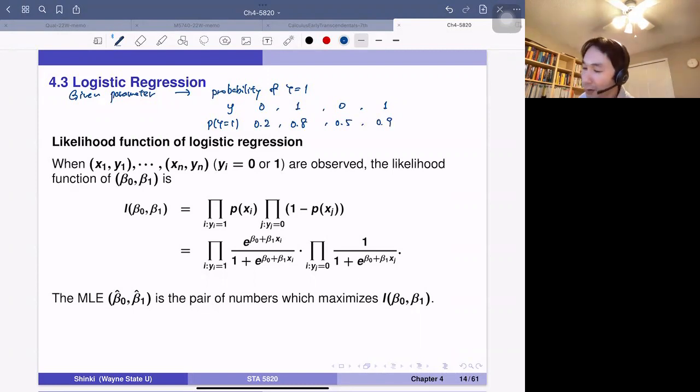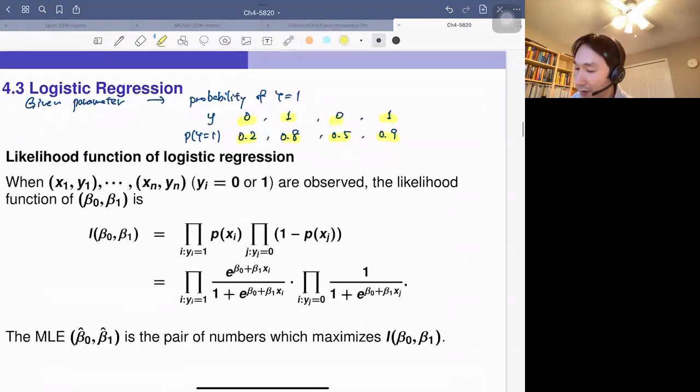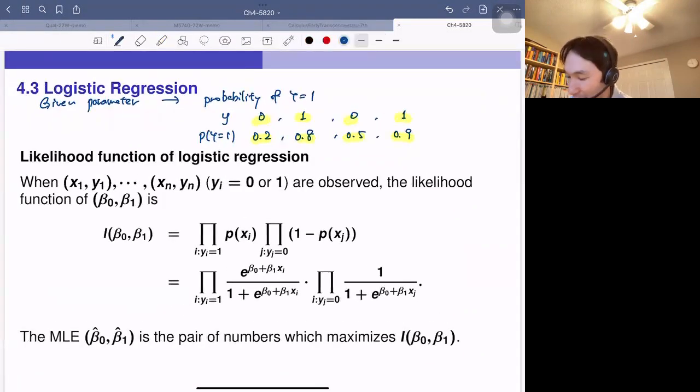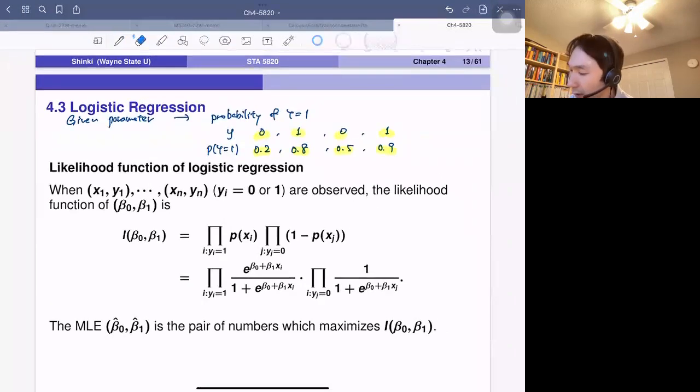This is a reasonable model because when the probability is higher, Y is actually 1, and when the probability is lower, Y is actually 0. Of course, it's better if the probability is closer to 0 or 1. But in this case, we can calculate the likelihood.